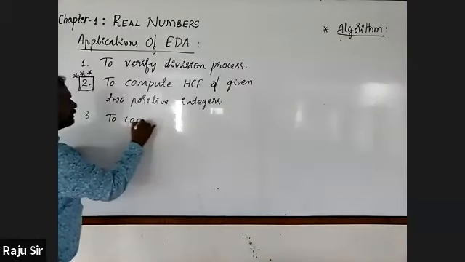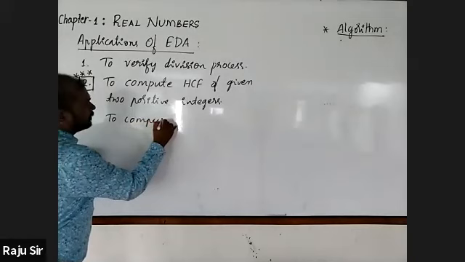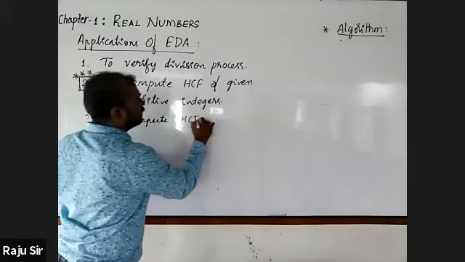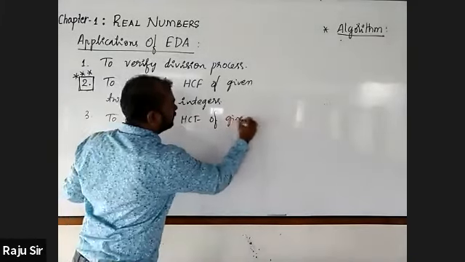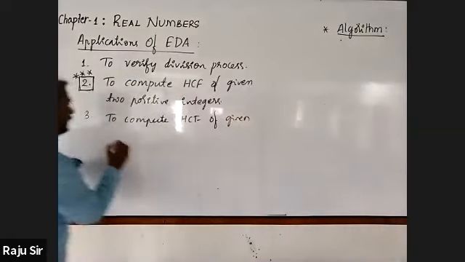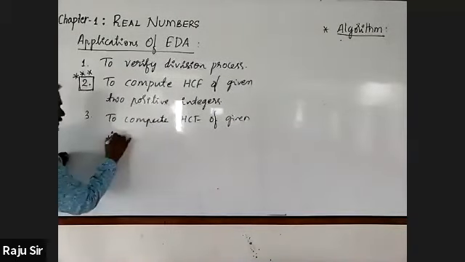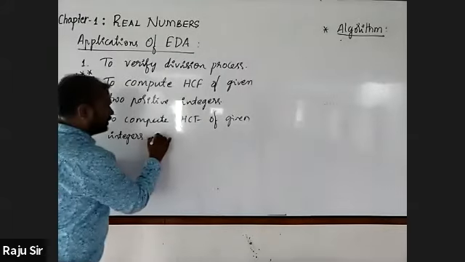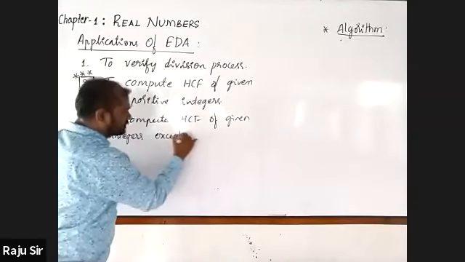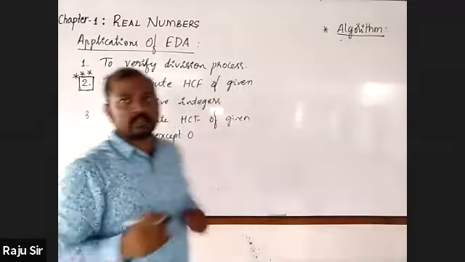To compute HCF for given general integers, so it includes both positive and negative integers, except 0, because 0 cannot be taken.